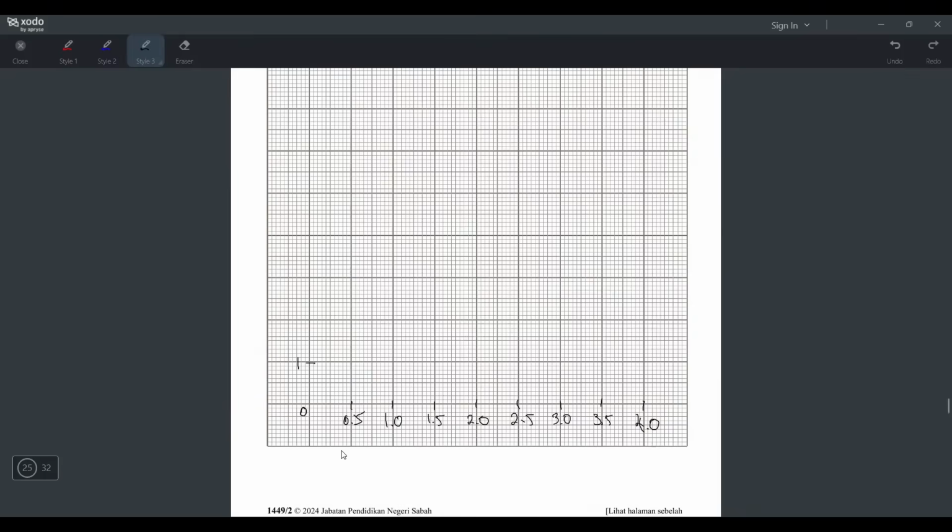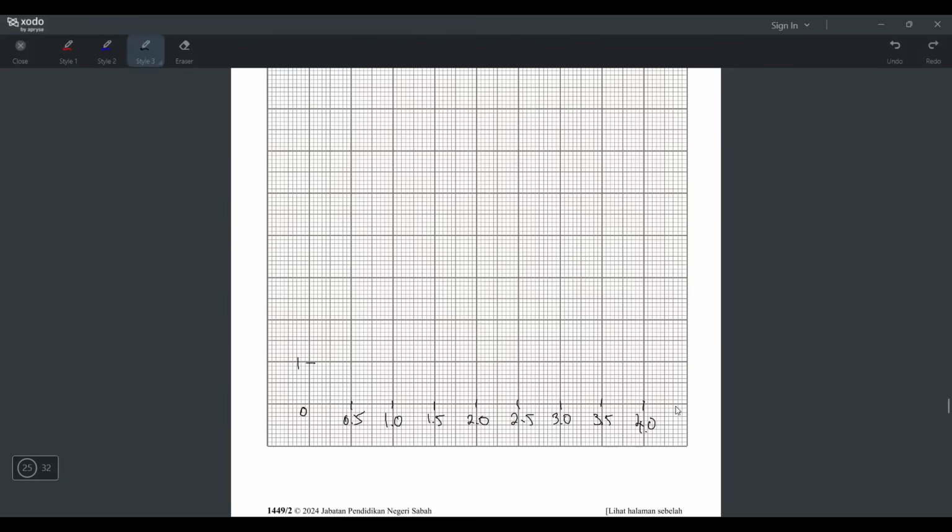Imagine if I do 1 cm to 0.5, then my 4 will be here already. My graph is only this big. And also if I do 1 cm to 1, it will be 1, 2, 3, 4, 5, 6, 7. Look at how small your graph is, right? If I follow the 1 cm. That's why I said change the question.